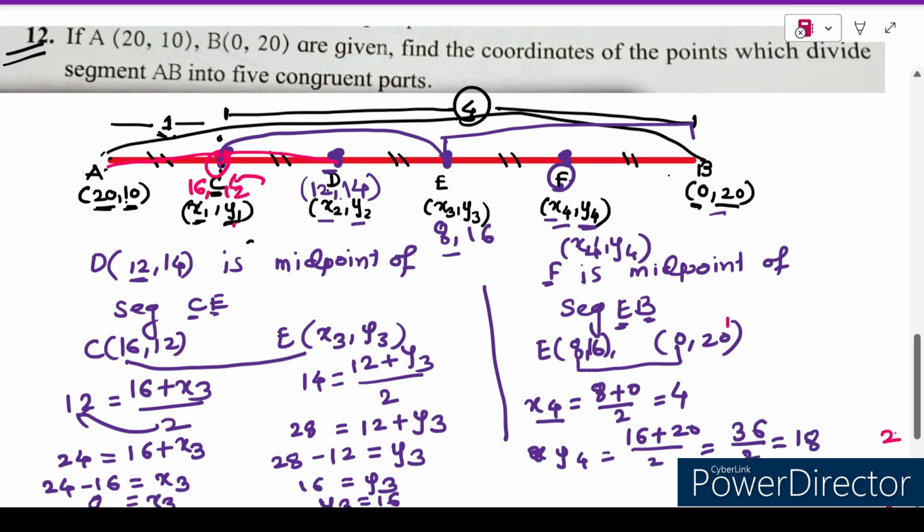We get the value of x4 is equal to 4 and the value of y4 is 18. That is, x4 is 4 and y4 is equal to 18.